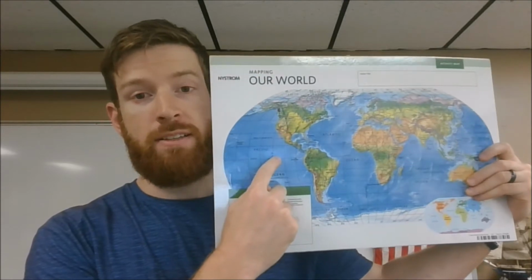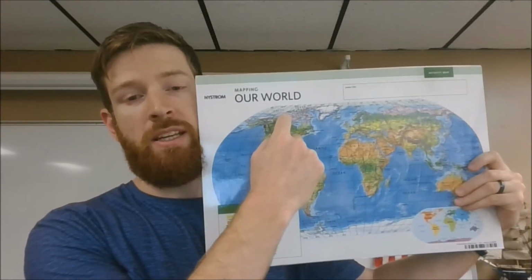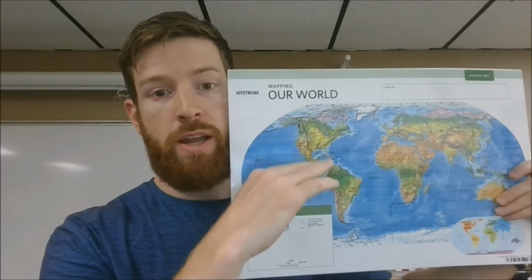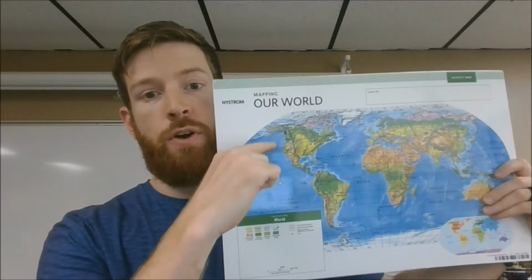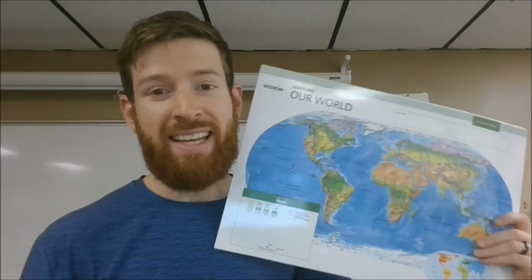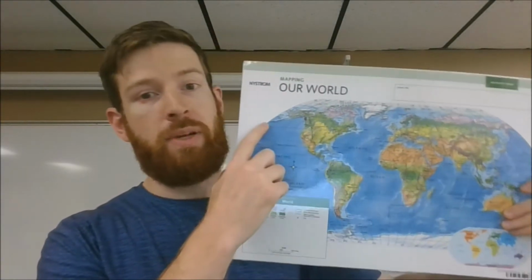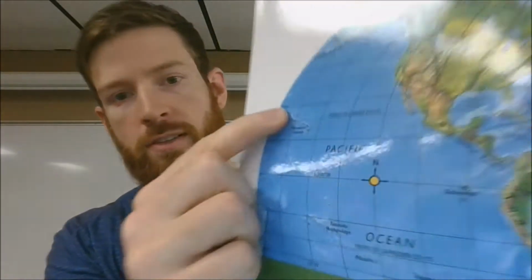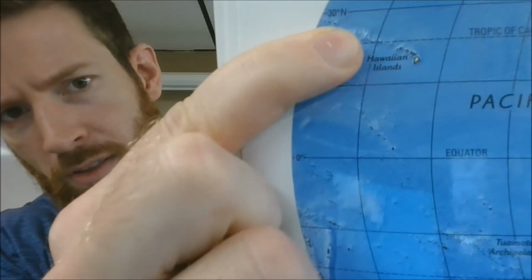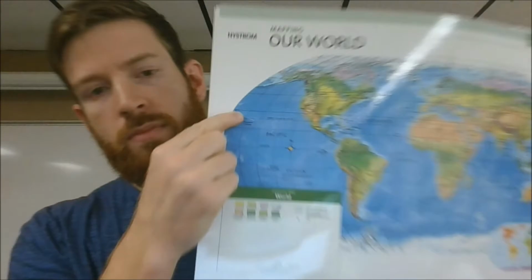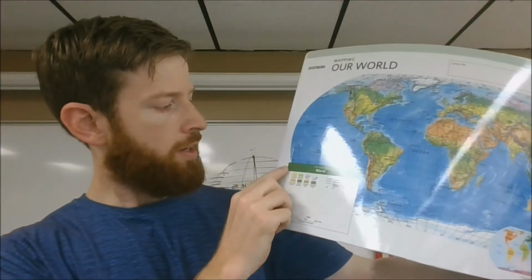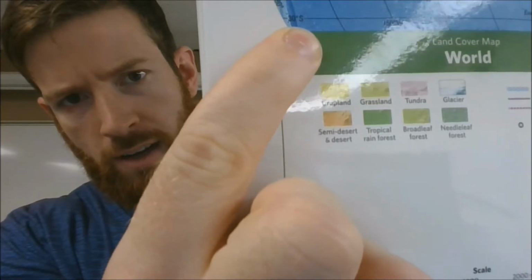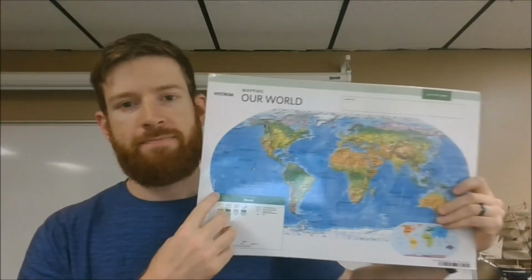And like you can imagine, the further away it gets from the equator, that line will have a bigger number because it is farther away from the equator. If it's farther away north, we put an N next to the number so that we can recognize that it's north of the equator. Let's see if you can see that. 30 degrees north. And if it's south of the equator, we put an S. 30 degrees south. There it is.